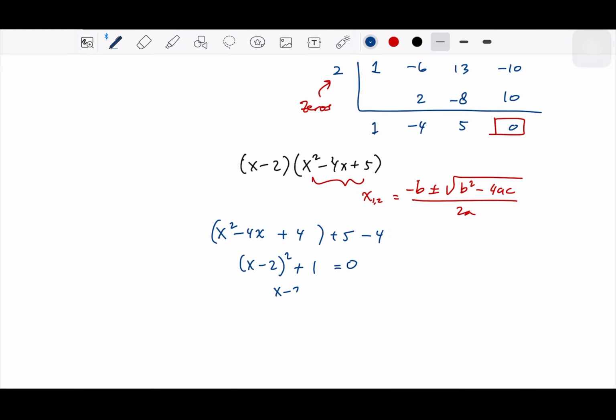Okay, now this is your equation, and we can solve this. It's negative 1. So what's happened here is we are going to have our imaginary number. The definition of the imaginary number is plus or minus the square root of negative 1.